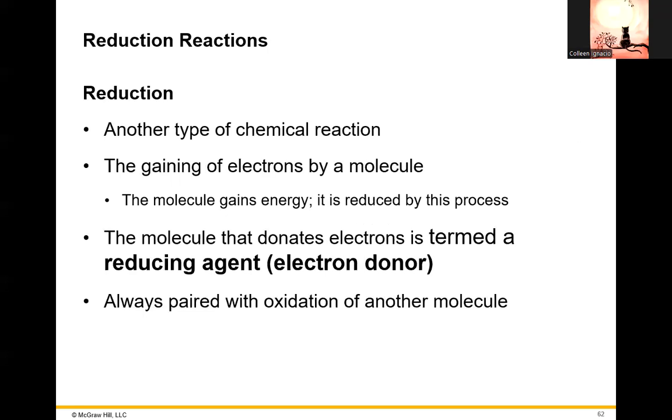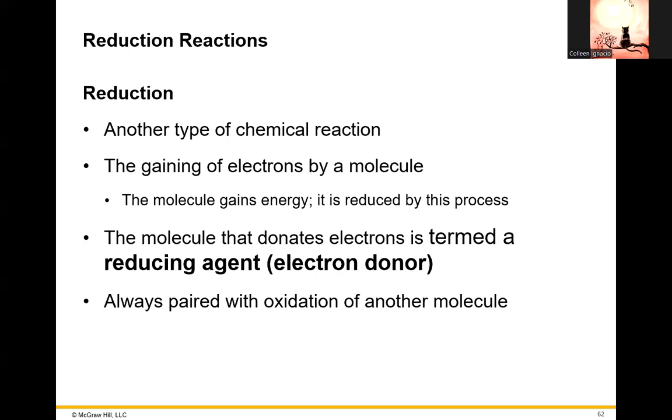Okay, reduction reactions. This is another type of chemical reaction. And what happens is there's gaining of electrons by a molecule. Okay, the molecule gains energy and it is reduced by this process. So the molecule that donates the electrons is termed the reducing agent, the electron donor.